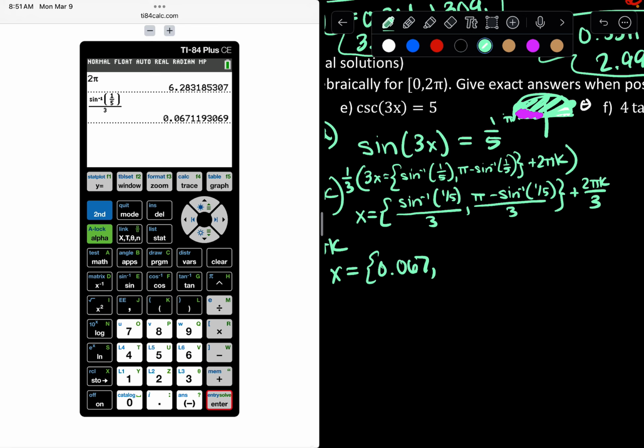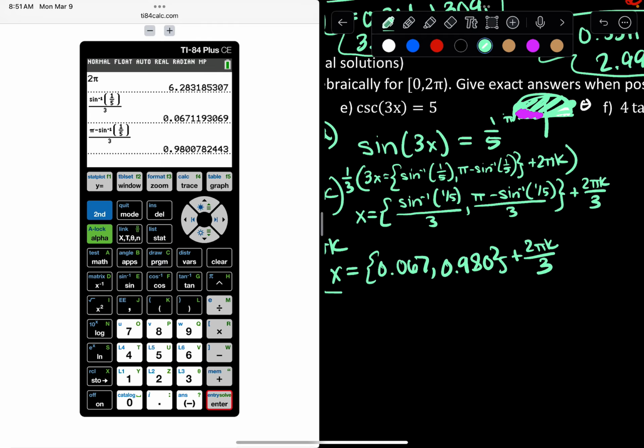And then we'll repeat the process, fraction bar, second pi, minus inverse sine of 1/5, all over 3. And we end up with 0.980, and then plus 2 pi k all over 3. So here is our general solution.